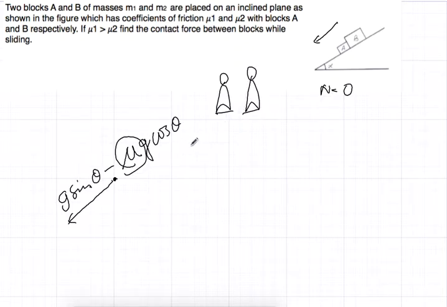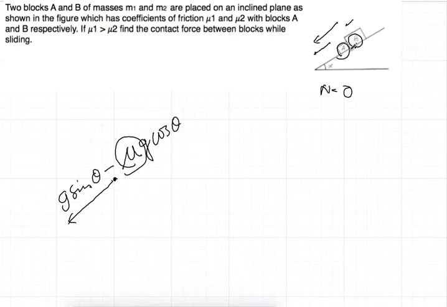Now the more interesting part is when the accelerations are different. Suppose A has more acceleration, that means less friction, and B has less acceleration, that means more friction. Then A will move faster and B will move slower.